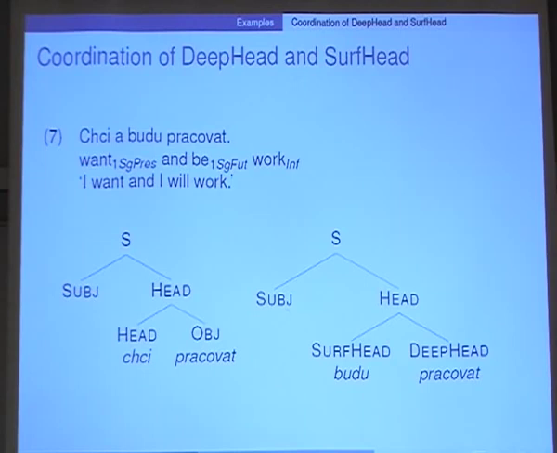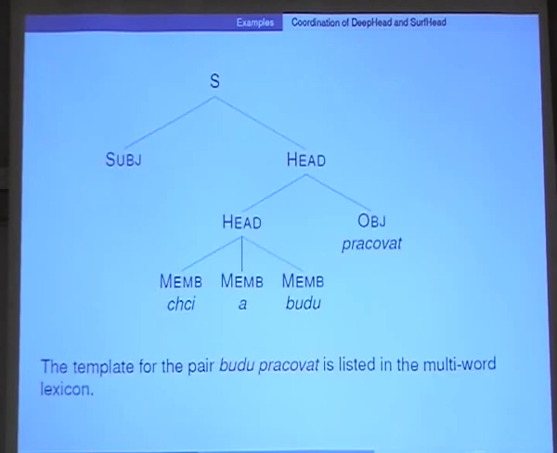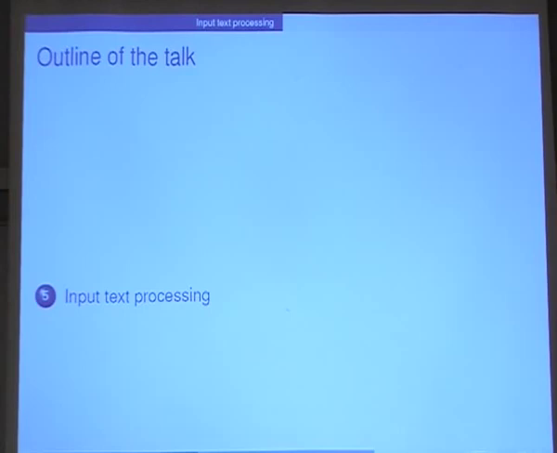We have two separate interpretations for the sentence: chci pracovat on the one hand and budu pracovat on the other hand. So these are structures for these separate simple sentences, and their coordination is composed of these two, but then we must decide the function of pracovat, as we've seen here.